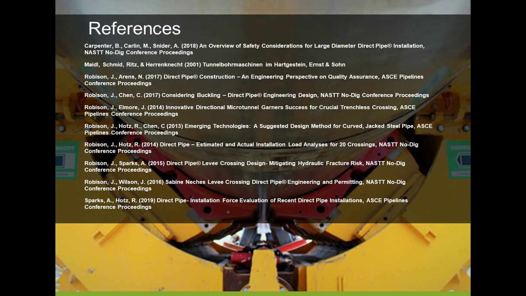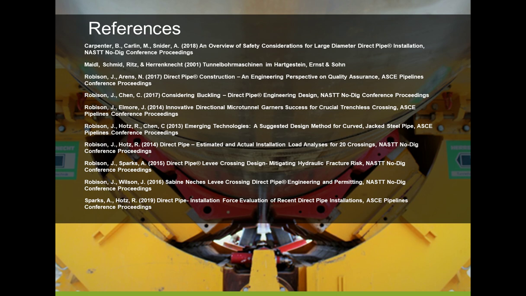First of all, the question is, is direct pipe like a combination of HDD and micro tunneling? Yeah, I've heard it described as, and maybe I've even described it that way myself, but I think a more nuanced answer would be it's really a curved microtunnel in the way the ground is excavated in the heading of the pipe and the systems involved with the excavation and removal of the ground.